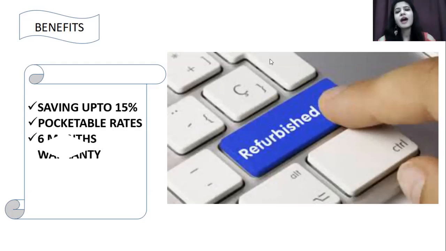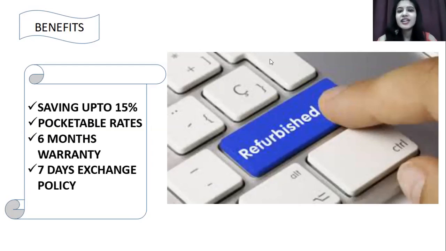When we talk about brand new products, they offer you a 1 year warranty period. And when we don't buy it from sites or we don't have a condition written on the phones, then you don't get the warranty period. But for refurbished products, you get a warranty of 6 months. 6 महीने की वारंटी पीरियड भी मिलती है. Along with that, you get a 70 exchange policy.